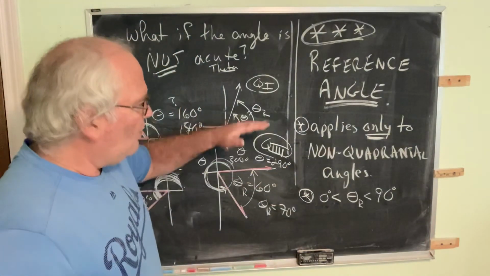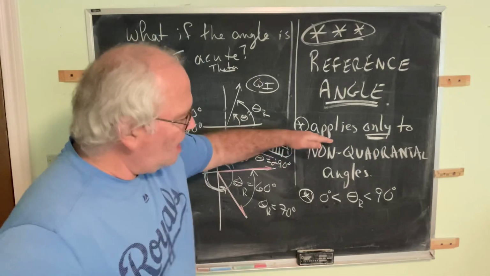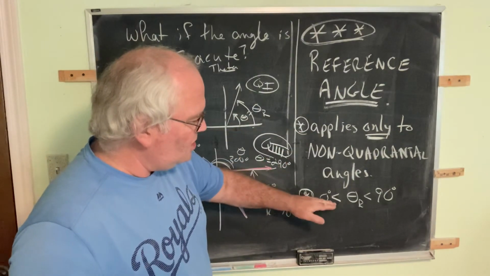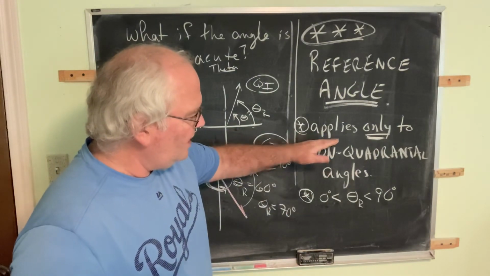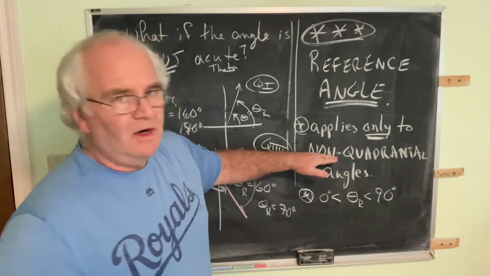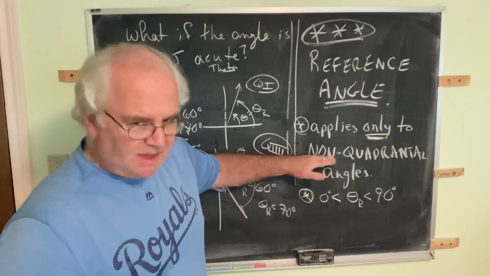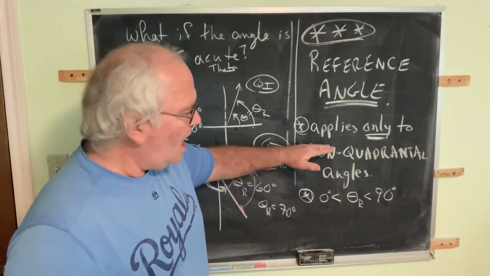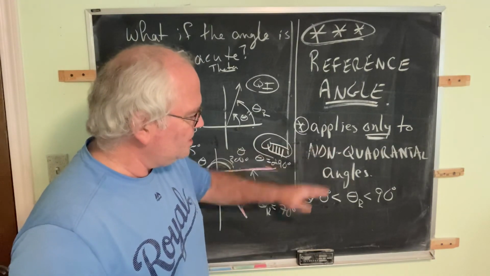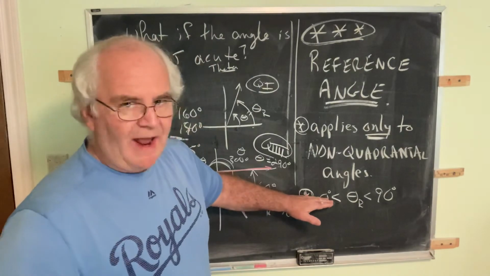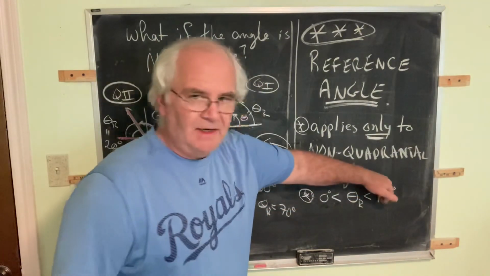So, reference angle applies only to non-quadrantal angles. It must be acute. 180 degrees does not have a reference angle. 270 degrees does not have a reference angle. Non-quadrantal angles have reference angles. It must be an acute angle between 0 degrees and 90 degrees.